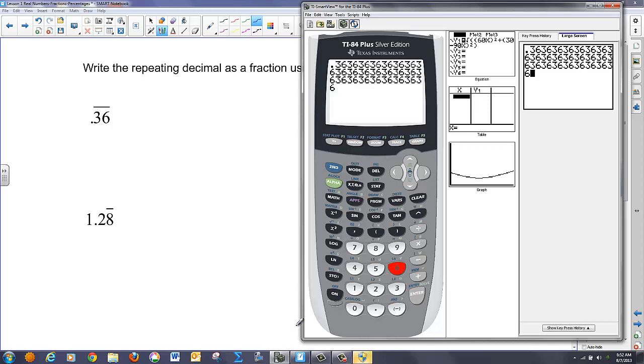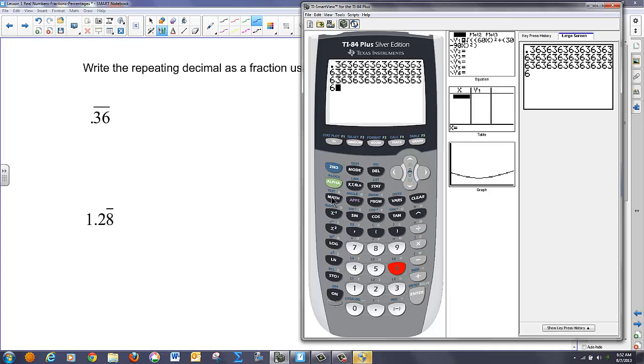Now there's a function on this calculator that allows you to convert any decimal to a fraction. And if it actually doesn't convert to a fraction, if it's actually irrational, or if it's actually a fraction that has a denominator greater than 999, then it won't make it a fraction. So 999 is your greatest denominator that you're going to have.